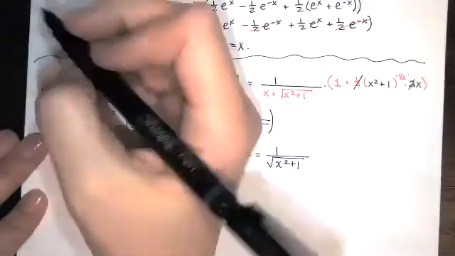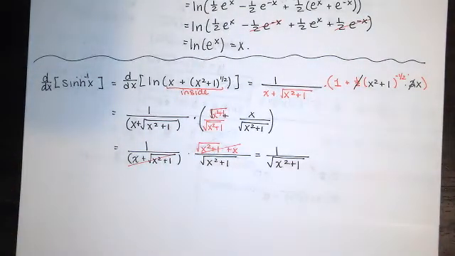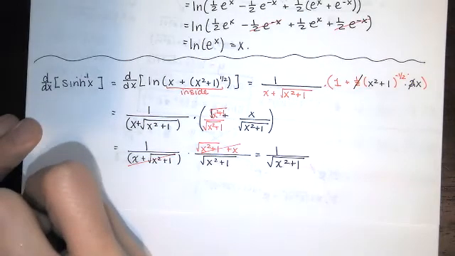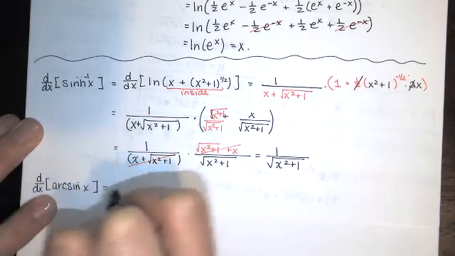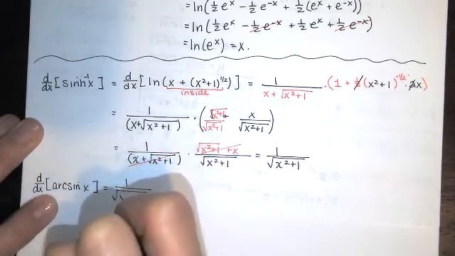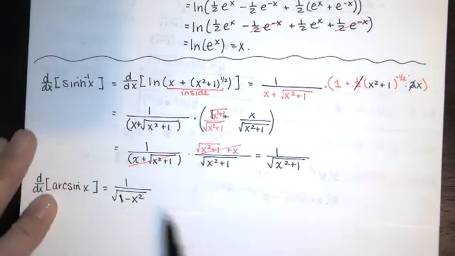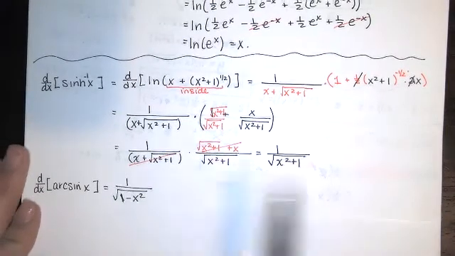Or excuse me, that's the derivative of the inverse hyperbolic sine function. And you might remember that the derivative of the arcsine function looks very similar. It's close, isn't it? It's almost the same, but there's a different sign there.